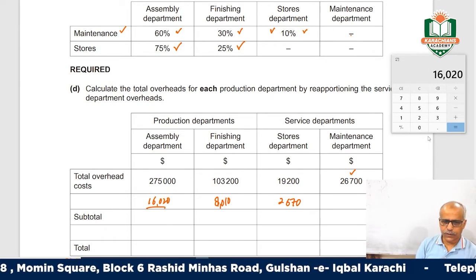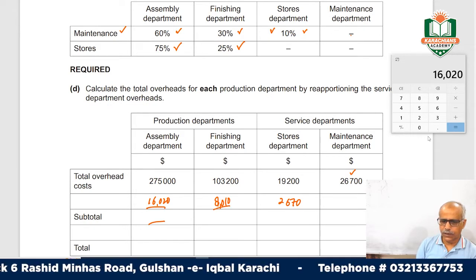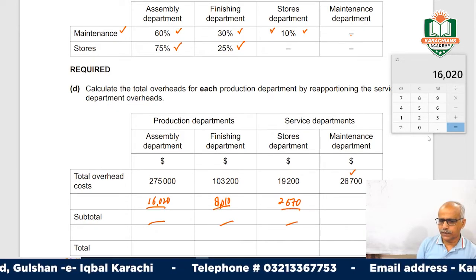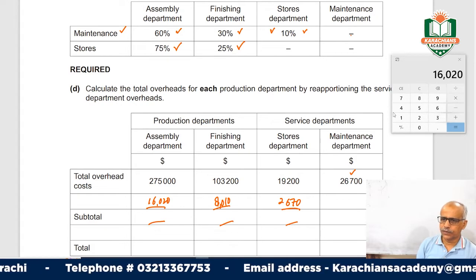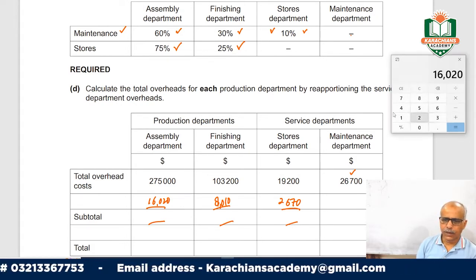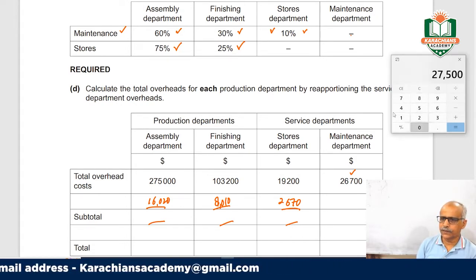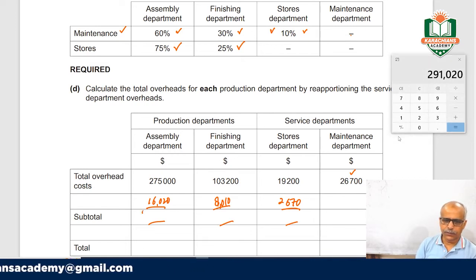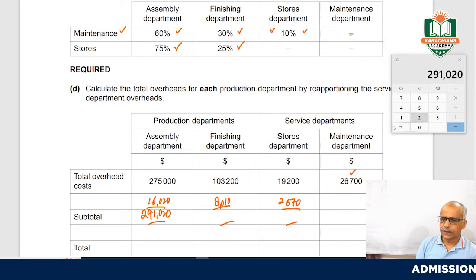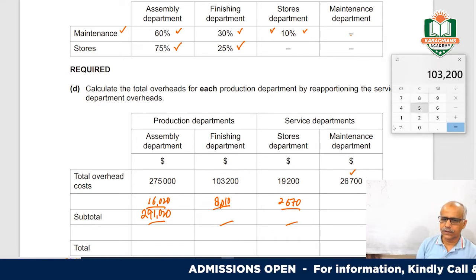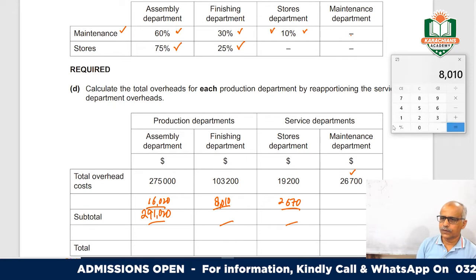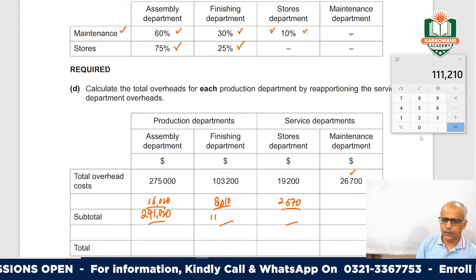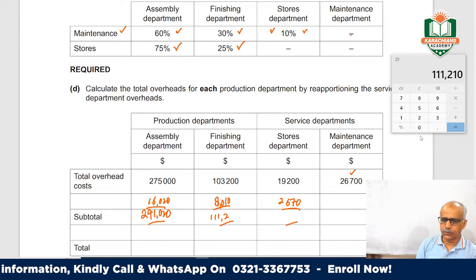So what would be the subtotal of these departments? 16020 plus 275,000 will be 291,020. And 103,200 plus 8010 will be 111,210.